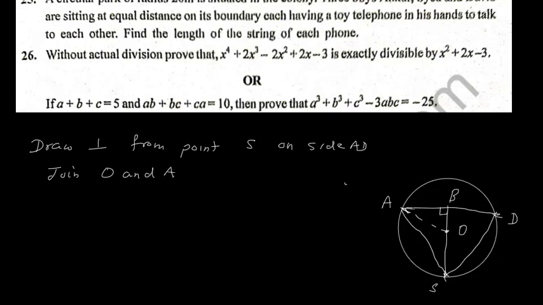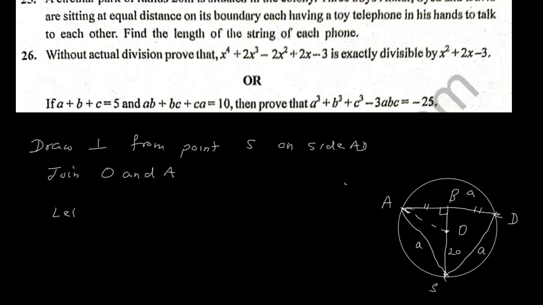Now here the length OS is 20. Okay, this length is 20. Now side AS we don't know. Let us consider this as A, this as A, and this whole side as A. Now SB bisects the opposite side, so AB is equal to BD.